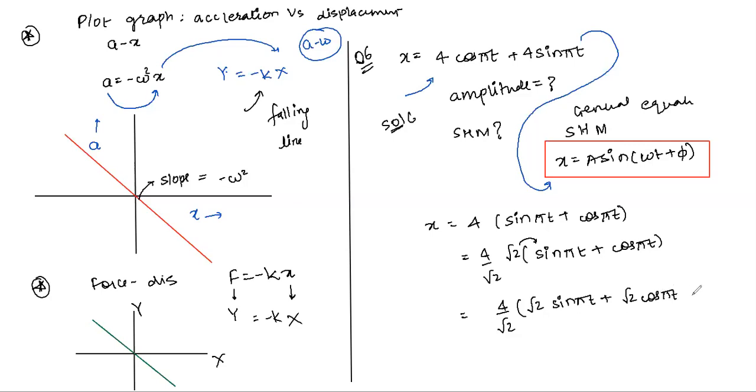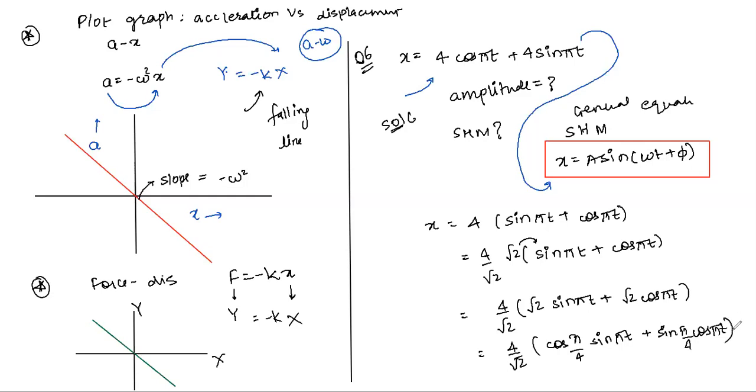Now once I have this, I have 4 by root 2, right? And then instead of root 2, what can I write? Cos of pi by 4, right, Karuna? So cos pi by 4 sine pi t, plus, instead of this, I can write sine of pi by 4 and cos pi t.